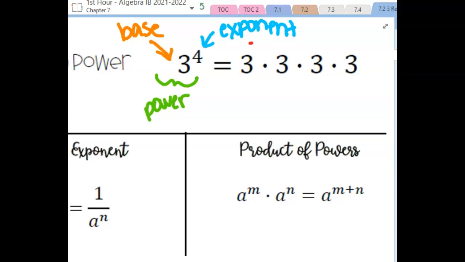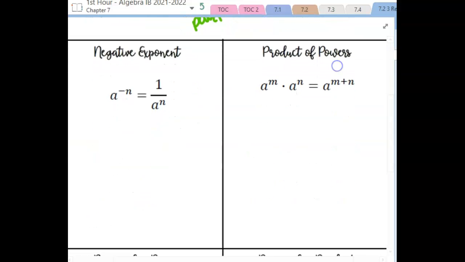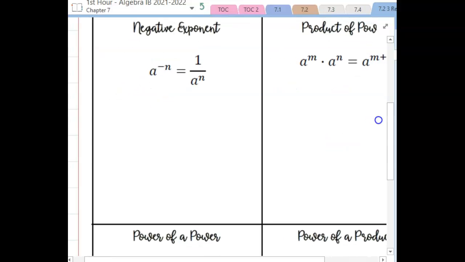Okay? Now, our rules that we're going to review. The first one, we talked about yesterday: the negative exponent. Remember, we can't have a power with a negative exponent. To make a negative exponent positive, you take the power and flip it over the fraction bar. So if I had something like 4x to the negative 3rd y squared, the biggest thing with negative exponents is you only move the things that have the negative exponents.